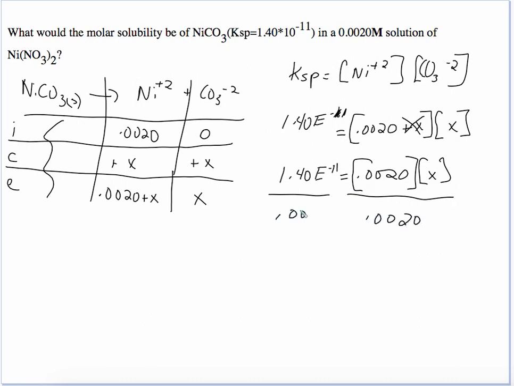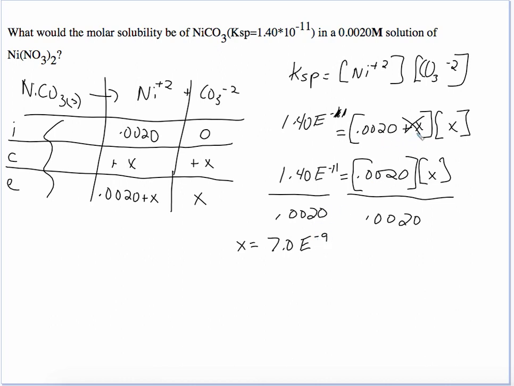If you divide both sides by 0.0020, you end up getting that x is equal to, I guess this only has 2 significant digits, so I think it rounds out to 7.0 e to the negative 9.